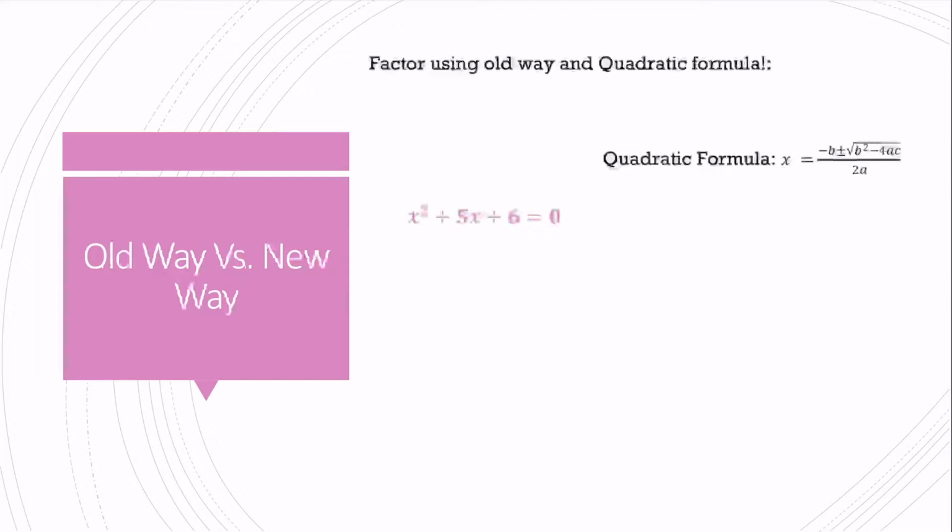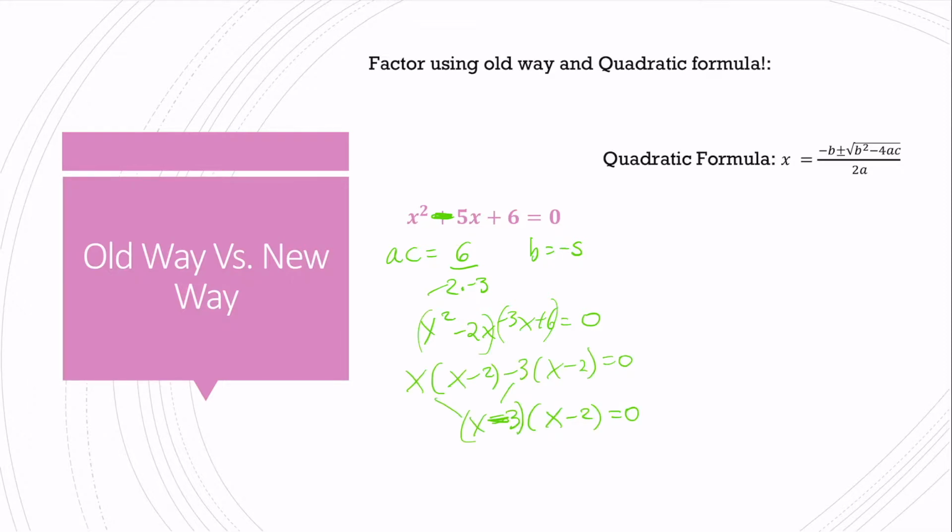So I get x squared minus 2x minus 3x plus 6 equals 0. And then I'd factor by grouping. I get x times x minus 2, negative 3 times x minus 2 equals 0. So I have x minus 3 and x minus 2 equals 0.